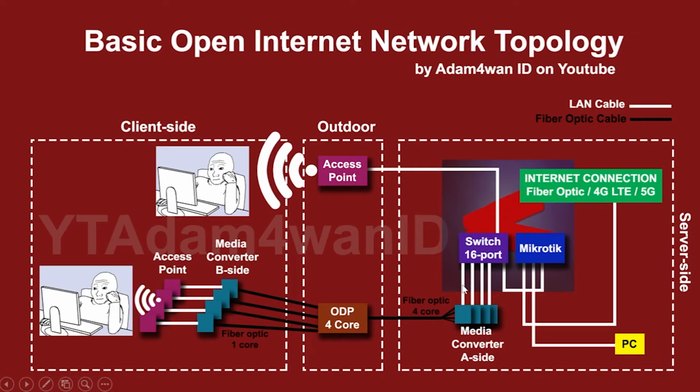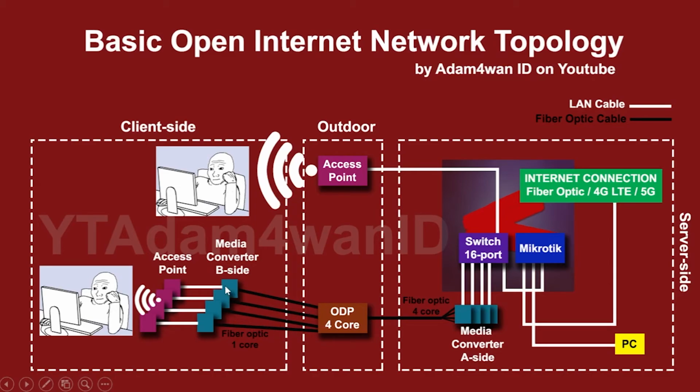It's connected to the media converter. On this server side you are using media converter A side, right? This media converter is connected to the 4-core fiber optic, and it goes outside and connects to the optical distribution point, ODP, 4-core. And from this ODP box, we split the 4-core into one fiber optic core per client, to the client location, right?